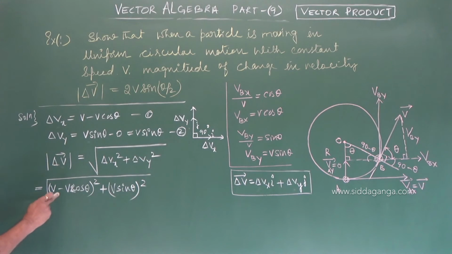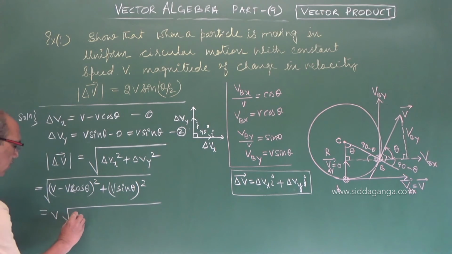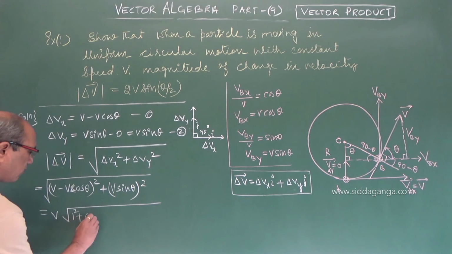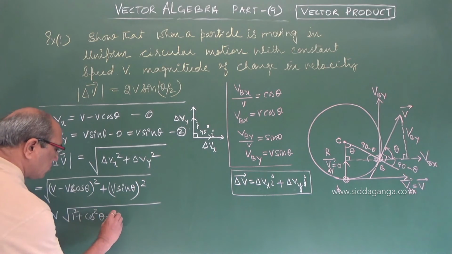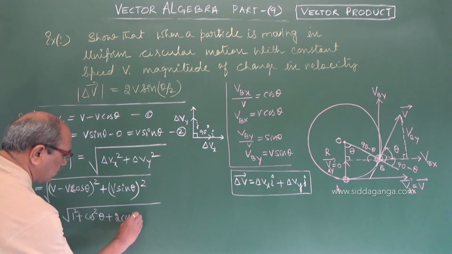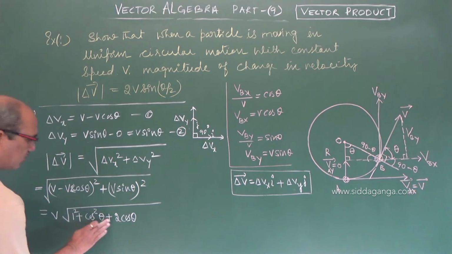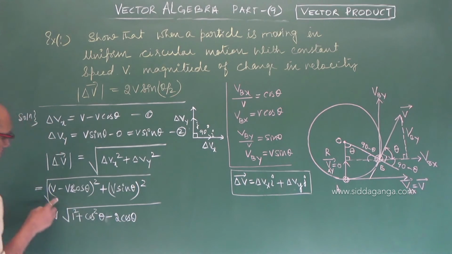What I do here is bring V out as common, and inside the bracket, 1 minus cos theta whole square is 1 square plus cos square theta minus 2 cos theta, because a minus b whole square is a square plus b square minus 2ab, where a is 1.